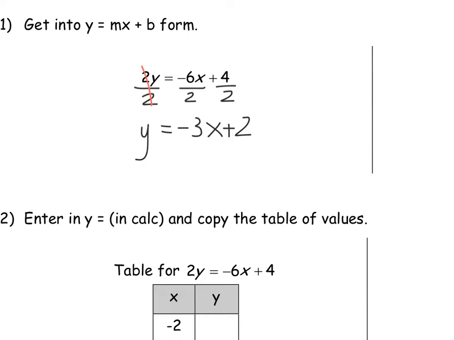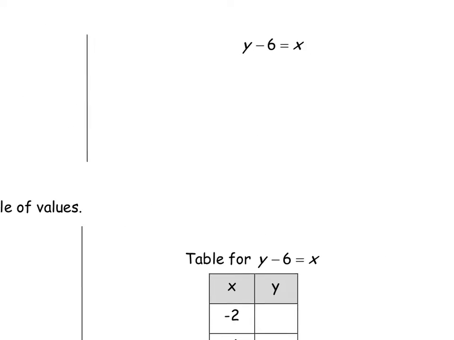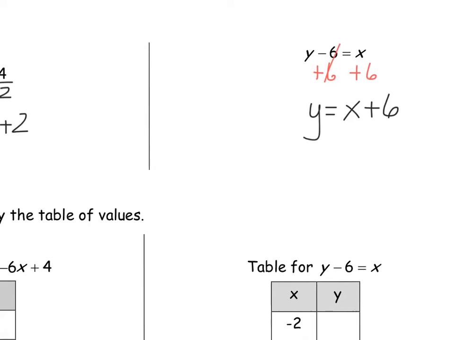That's your first one. Now over here, y wants to be by itself, so I just have to add the 6 to the other side. Now remember, x and 6 are not like terms, so we just write it like x plus 6. They cannot be combined. So these are our two equations.